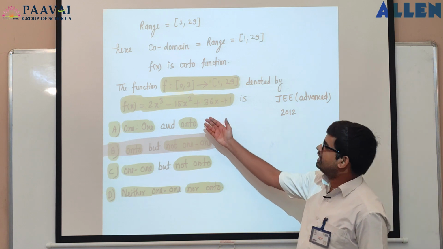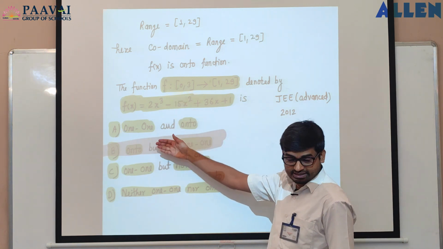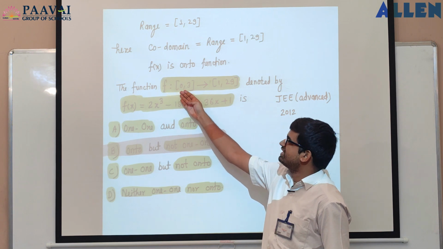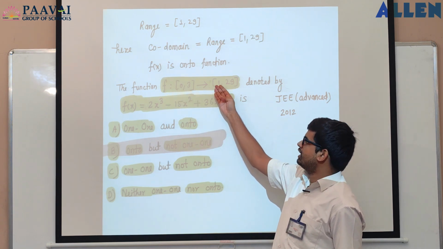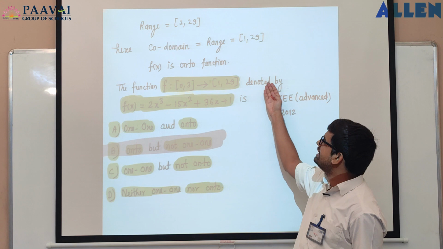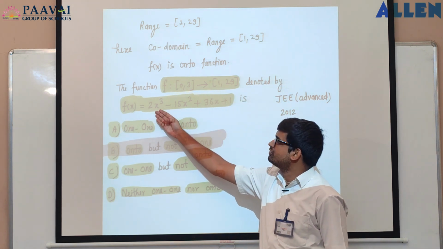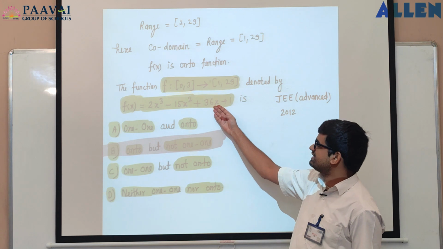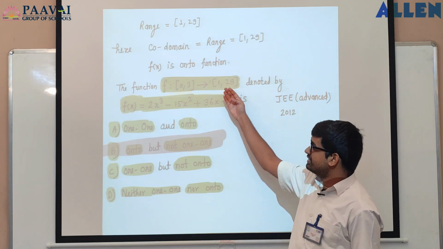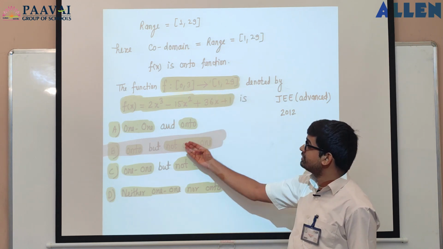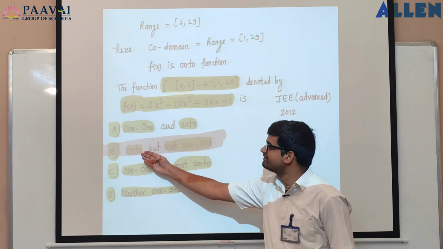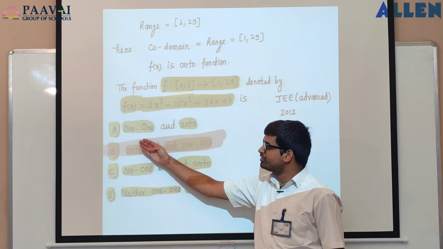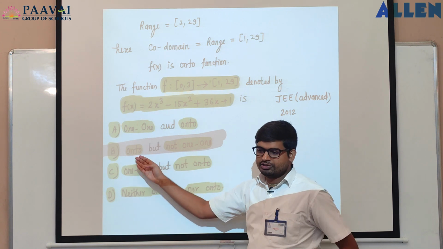So students, this was the question which we discussed: the function f from the closed interval [0, 3] to [1, 29] denoted by f(x) = 2x³ − 15x² + 36x + 1. We have seen that this function is not one-one but it is onto, so option B is correct.